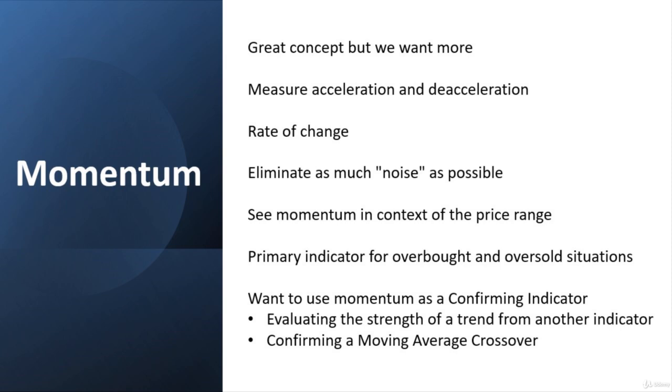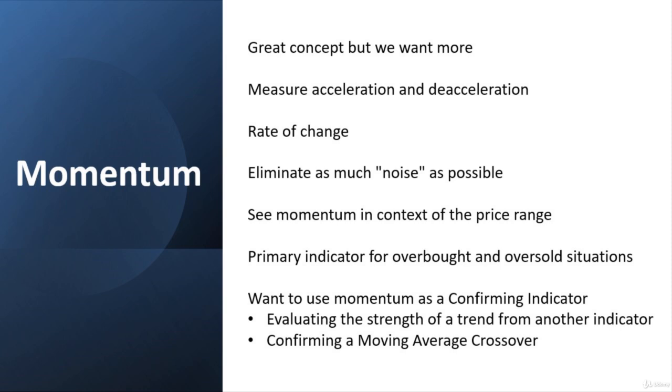And a lot of people like to use momentum more as a confirming indicator. I like that idea too. It helps you evaluate the strength of a trend that another indicator is saying there is. So your primary indicator is saying there is a trend, whether it's up or down. And maybe it's something like a moving average crossover, whether it's price crossing the average or two averages crossing over each other.